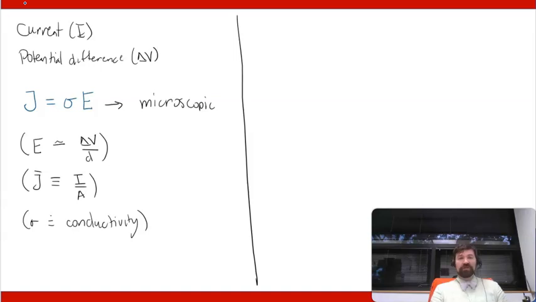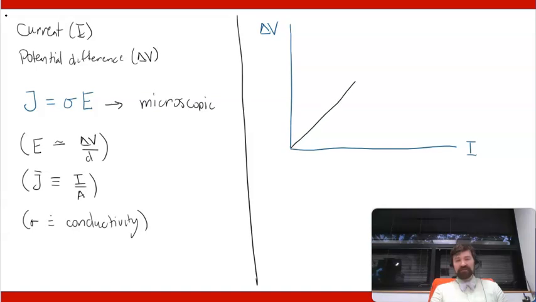The relationship that holds is that for many types of resistors or materials, if you were to increase the current that passes through the material and measure what the voltage drop is doing as you increase the current, you'd get this nice straight line plot.